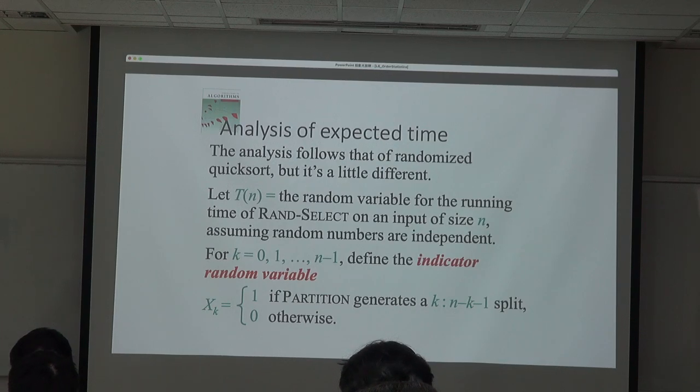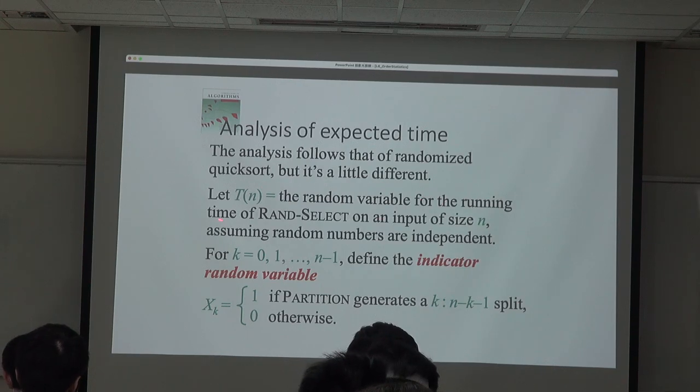So basically T of n denotes the random variable for the running time of rand select on an input of size n. Let's assume all these random numbers are independent.